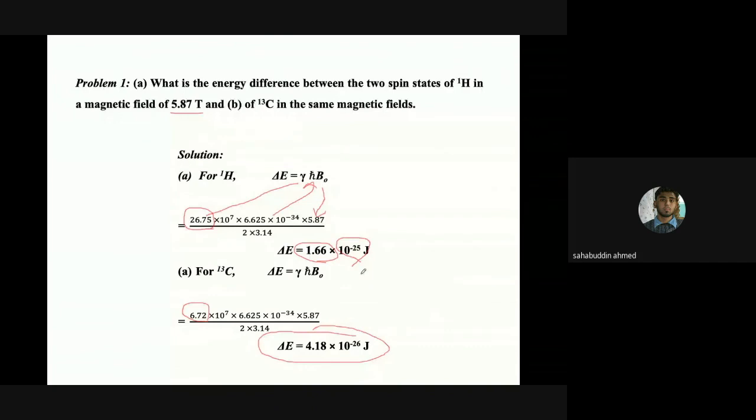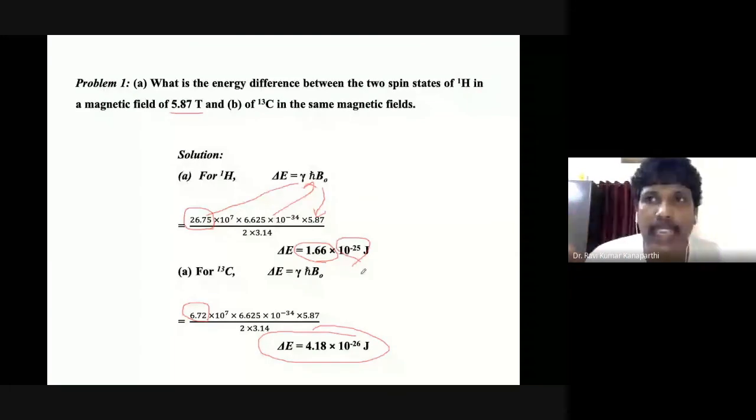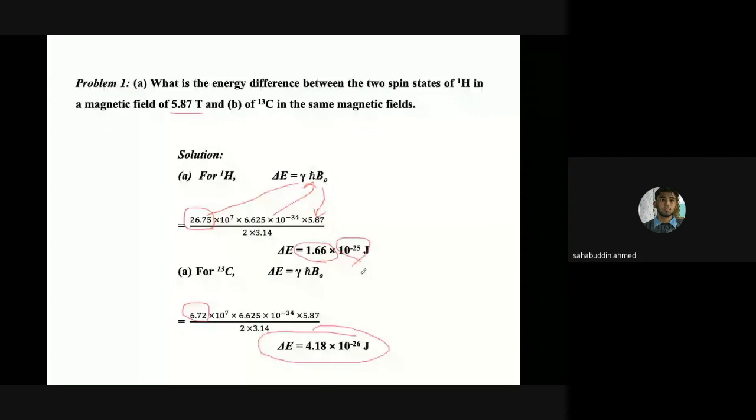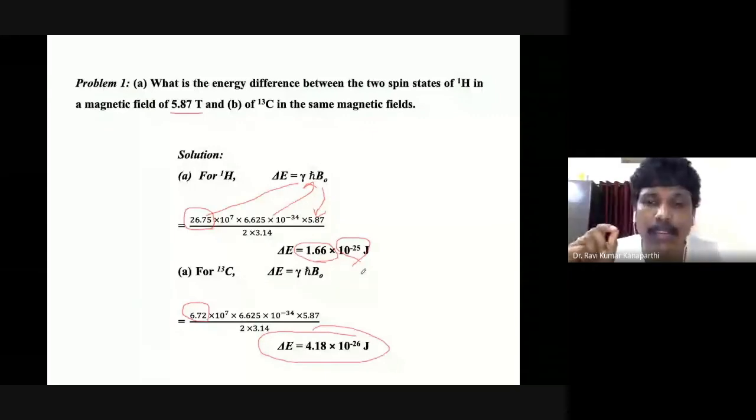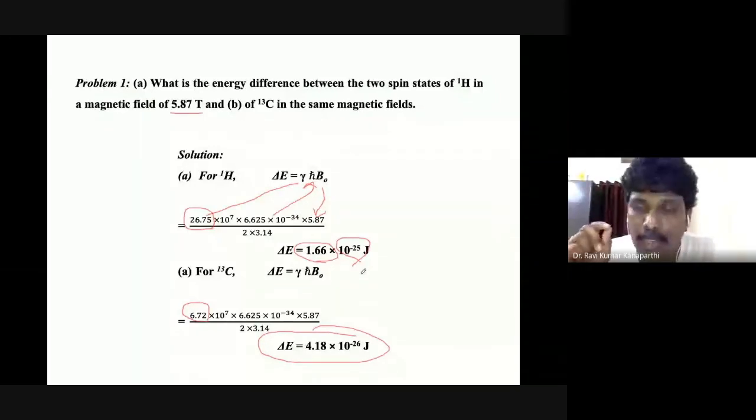Sir, if the gamma value is changed, how will the energy gap change? How does it depend on the gamma value? Gamma is actually e by m. Please remember the fundamental relation: gamma of a nucleus can be calculated as e by 2m.